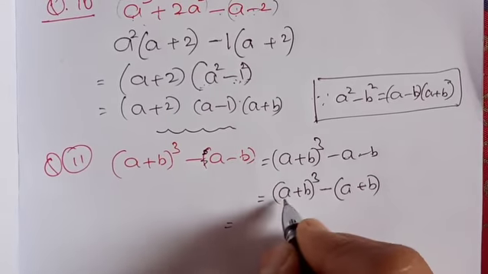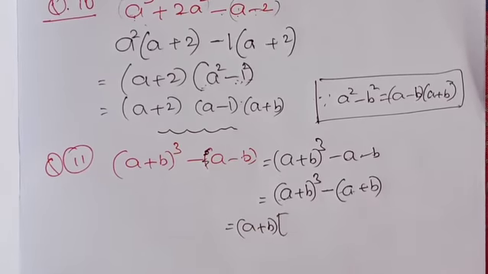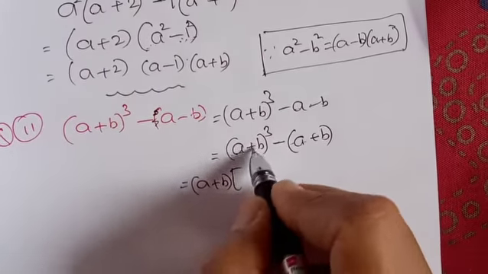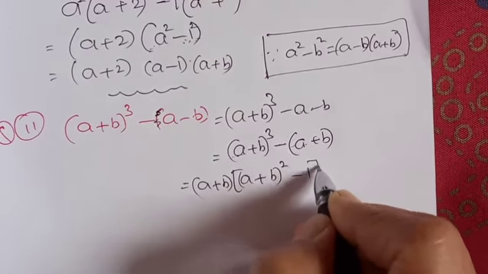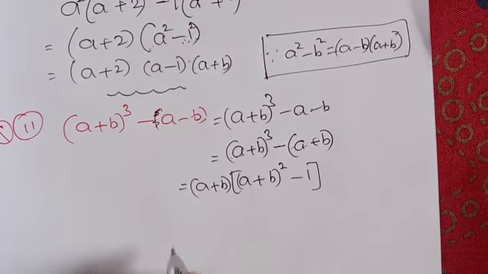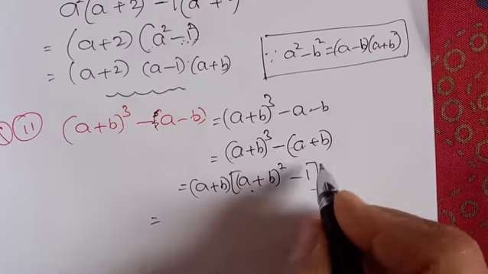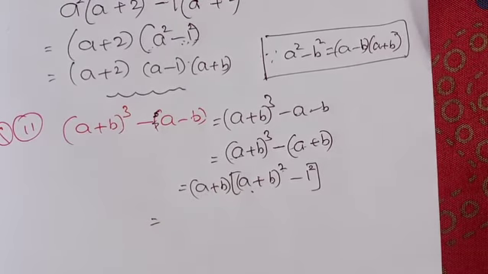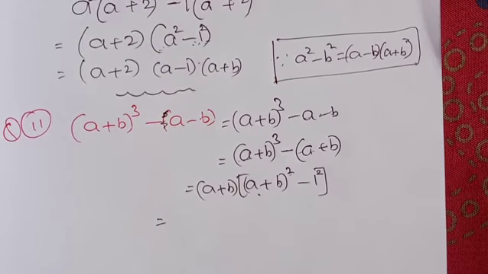Okay, so here again from these two terms I can take a plus b as common. Now here what is the term left? a plus b whole square minus 1 will be left. Okay, so here again a plus b whole square, this one also we can convert into 1 square. Conversion in the sense we can write 1 as 1 square.